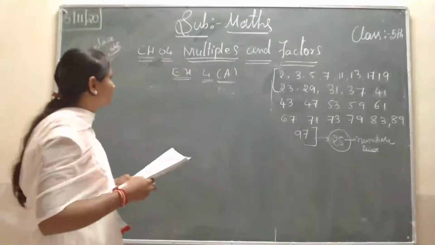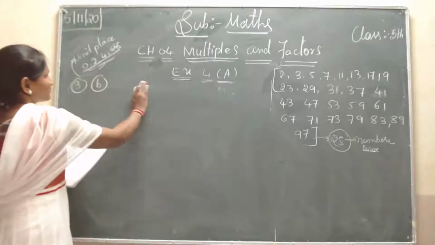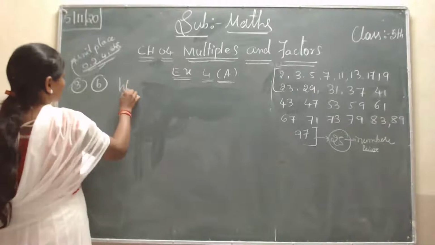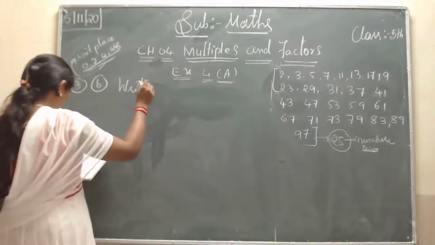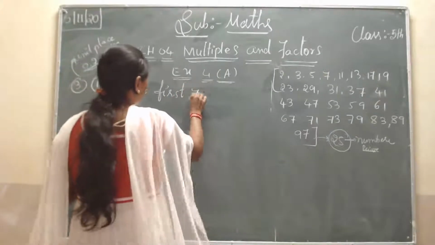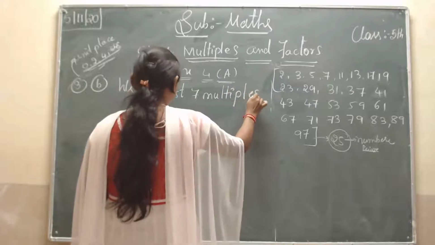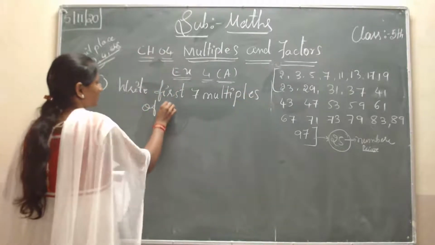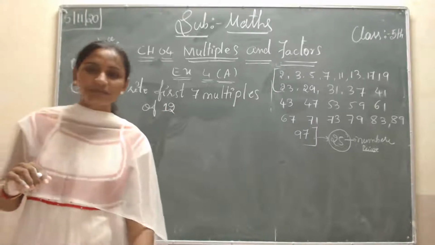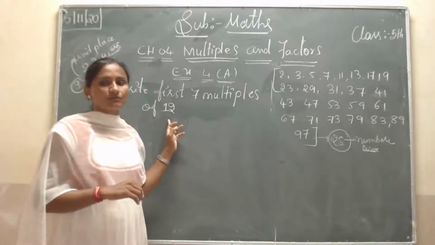Students, so now in third, in B1, write the first 7 multiples of 12. Students, can you observe this question? What is this? Write the first 7 multiples of 12.